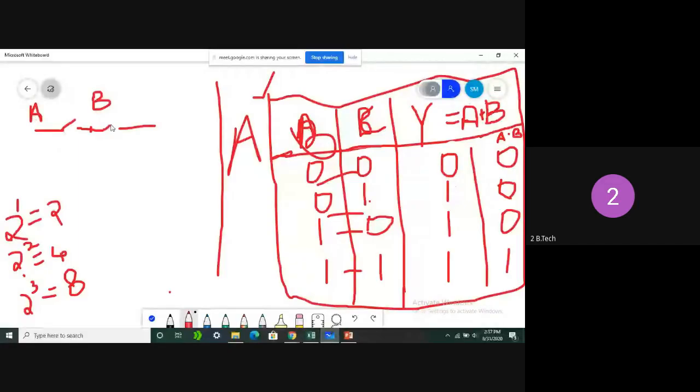Can anyone tell me which gate this symbol is indicating? When we cannot get output.